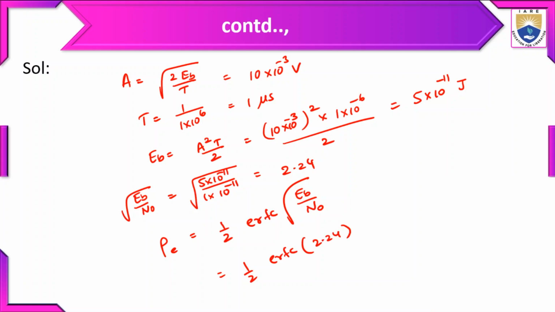We can complete up to this point, or we can use the error complementary function. In the problem they give this ERFC data. We can see in the table what ERFC of 2.24 is, then substitute that value. Maybe they have not given it; no problem, leave it here also.